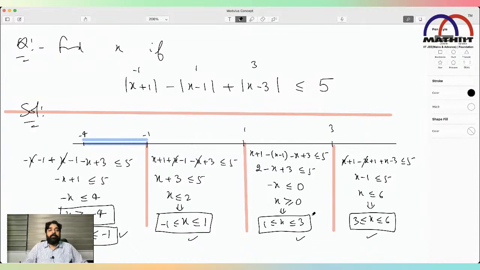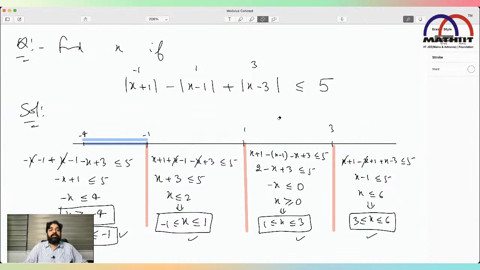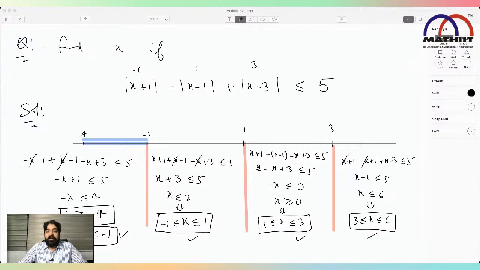Now these answers we have to modify and write the final answer. First, everybody check. I'm giving you 10-15 seconds. If there is any doubt, please let me know so that I can combine the answers.